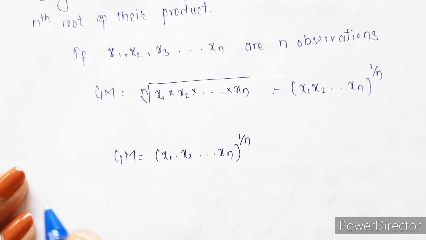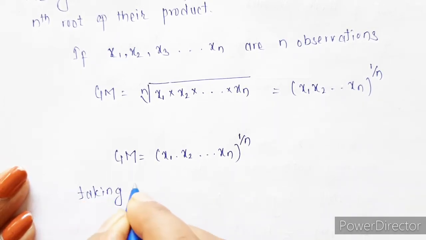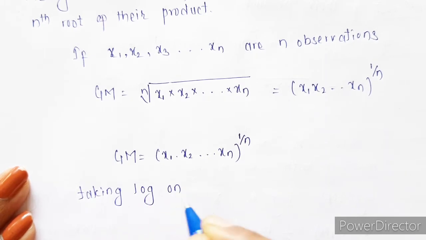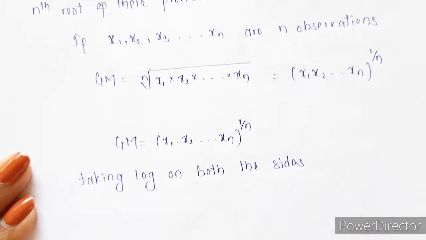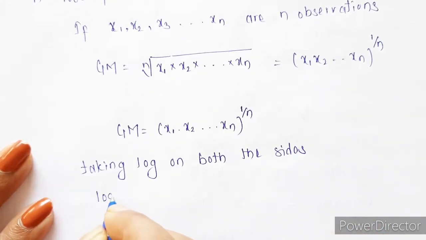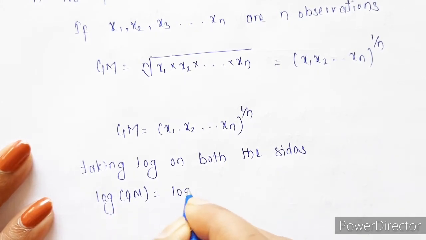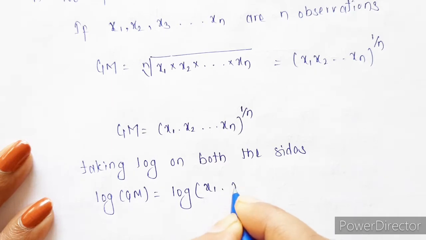Now by taking log on both the sides, so I'm taking log to the left hand side and also taking log to the right hand side.